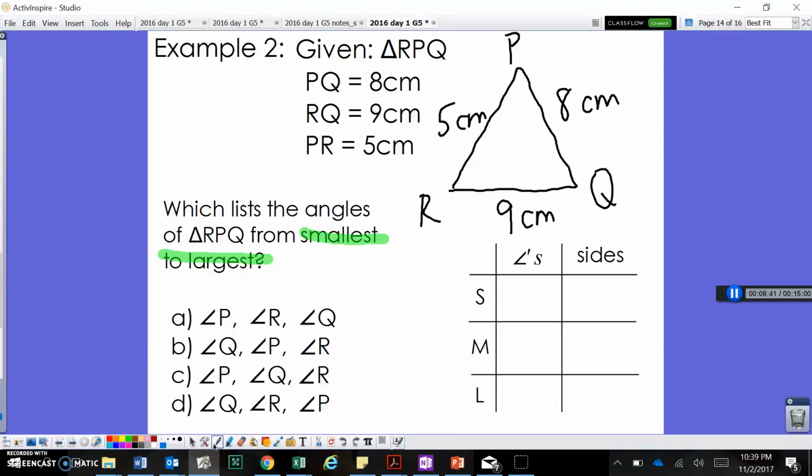Our smallest side is side RP, or PR, same thing.